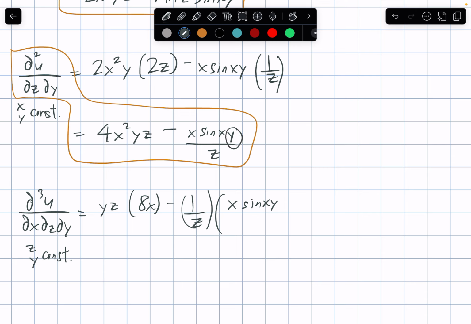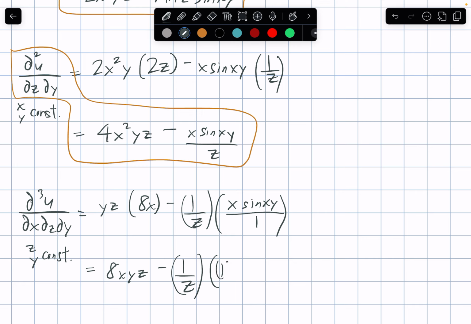The y here we cannot separate because, if you visualize, it's technically like this: sine u. You can't separate xy from the sine. So let's keep going. 1 over z times, I think I'm seeing a product rule here.